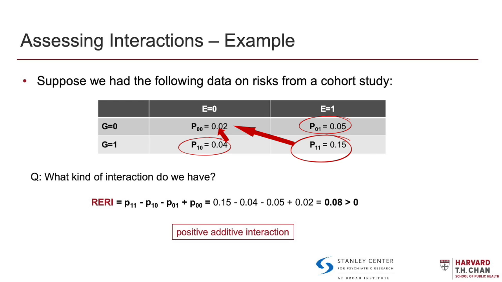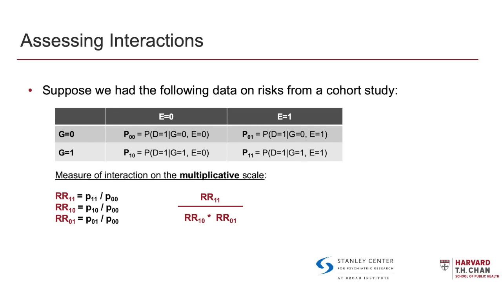However, we may have an interaction on a multiplicative scale. We can take the same example that we've taken in the earlier slide, where we would have the probability of a disease in the presence of a genetic and an environmental risk factor. How do we assess multiplicative interaction? First, we would calculate the risk ratios for each cell.